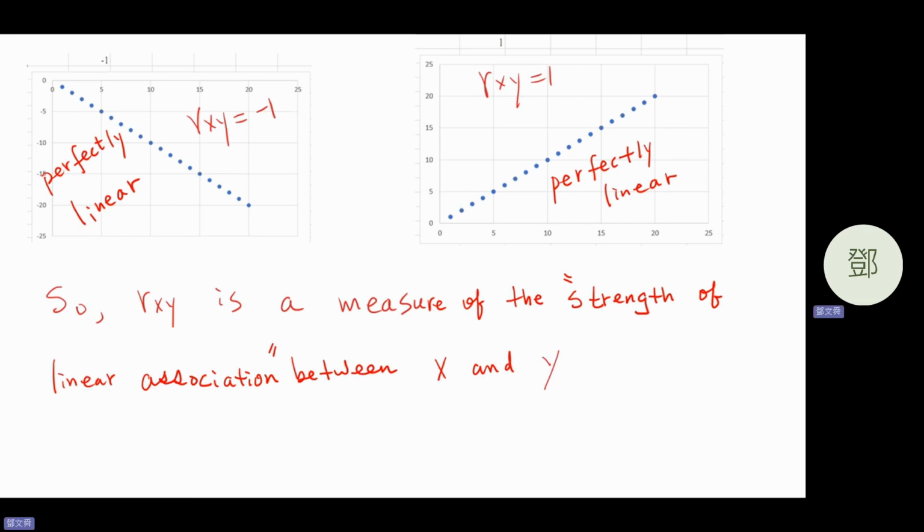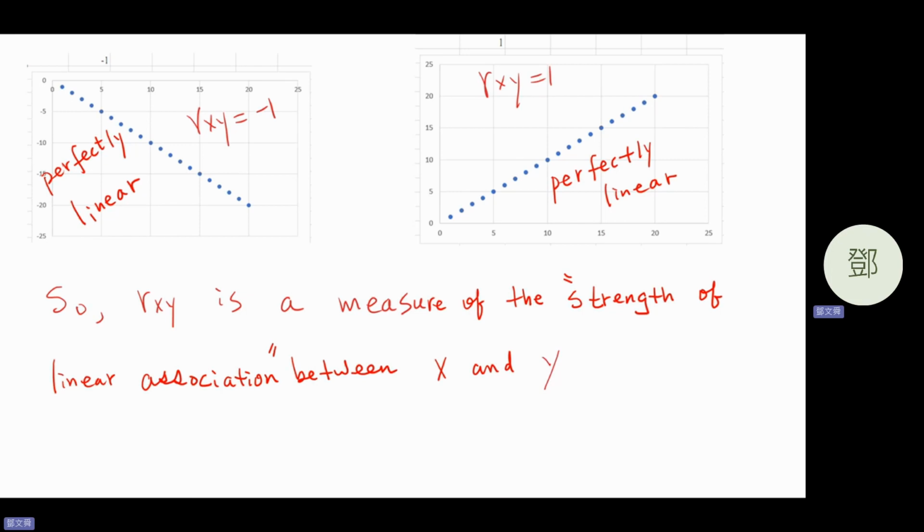The more times you are absent, the lower grade you will get. Understand? So the simple correlation coefficient will be very close to minus 1. Okay?